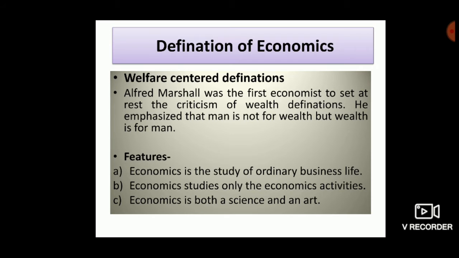He said that wealth is a means to satisfy human wants and not an end in itself. Further, Marshall gave primary importance to man over wealth. In fact, Marshall tried to make the study of economics an engine of social welfare.